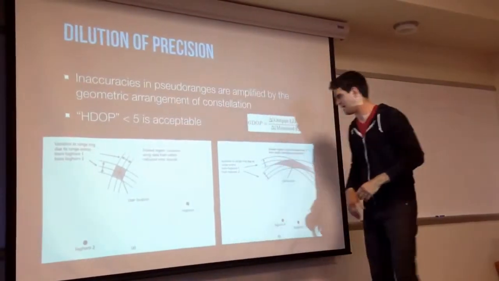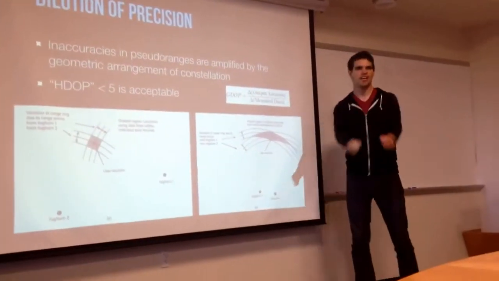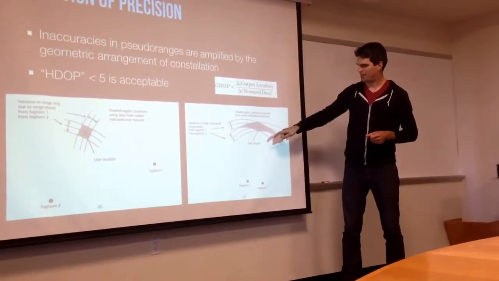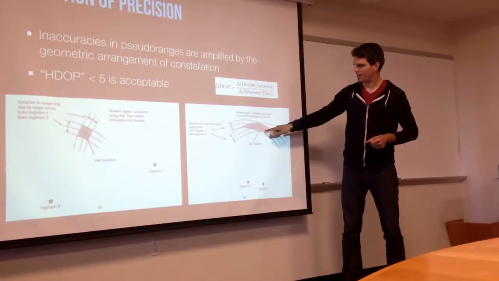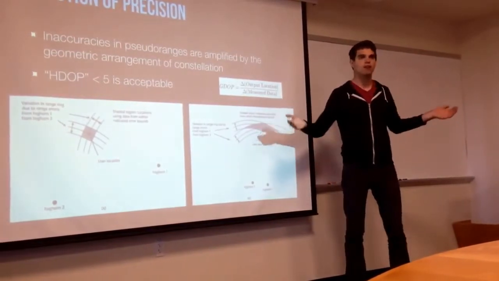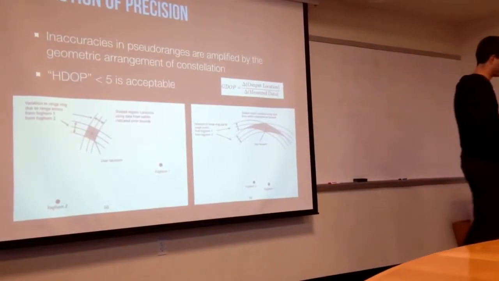On the other hand, if the foghorns are close together, then I don't get that much information out of both of them. The error from the one and the other is smeared out like this, and so you get much worse accuracy out of your GPS.